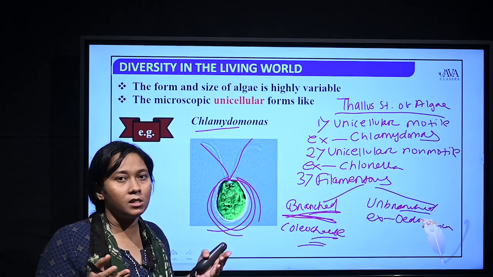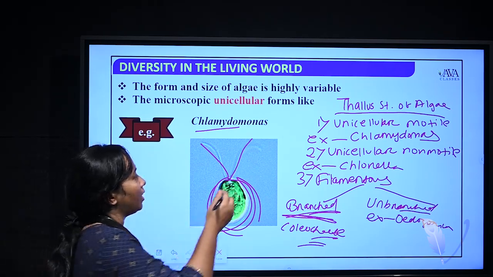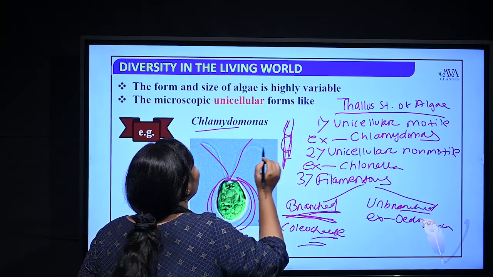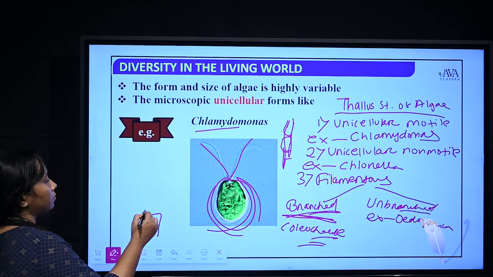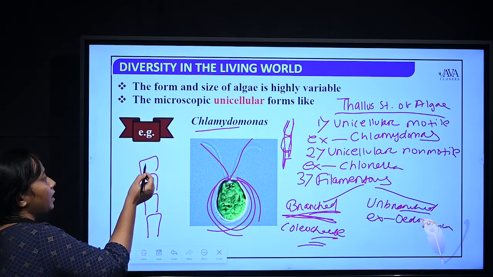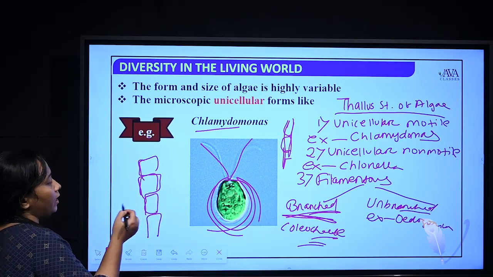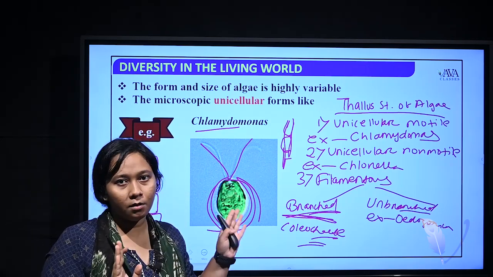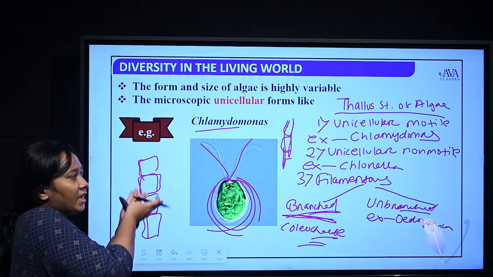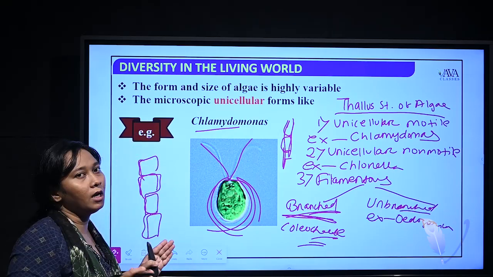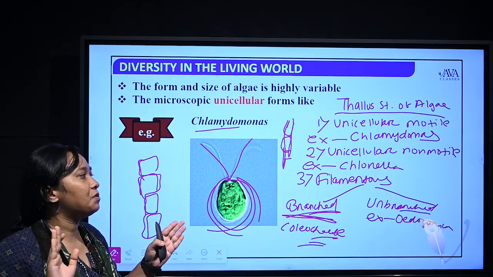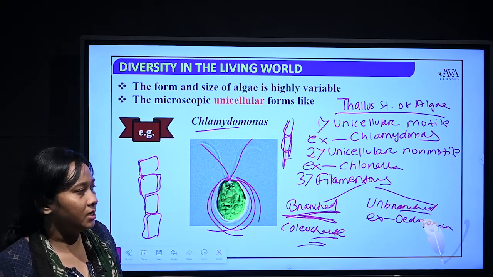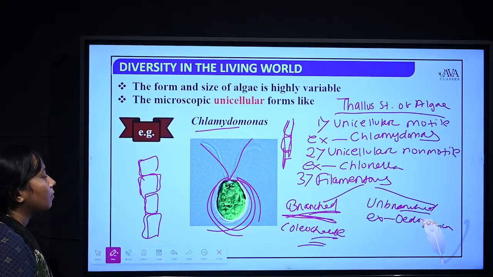For example, Spirogyra or Oedogonium. Each cell looks like a filament, that is called a filamentous structure, okay. And that is unbranched, a single stalk, so they do not have a branch. And sometimes in algae we can see branches, that's why they are branched structures.